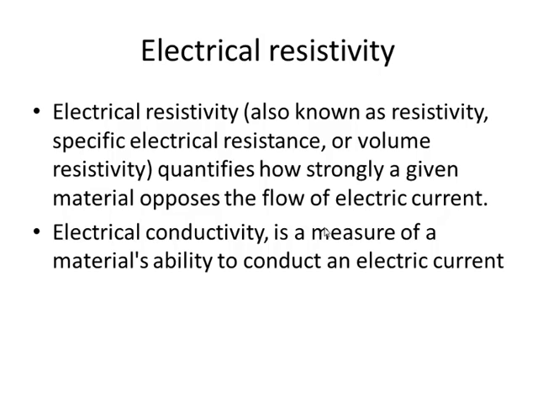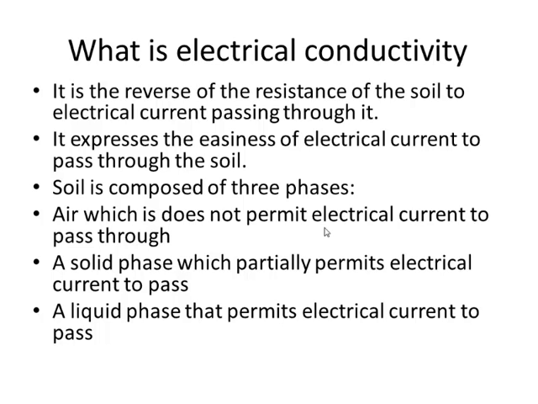Electrical resistivity is the resistance the soil presents when we have a difference of electrical potential, the resistance for the electrons to pass through. If we take the opposite, which is conductivity, then we measure the ease with which the electrons pass through the medium, which is the soil, and we can evaluate different properties through that.